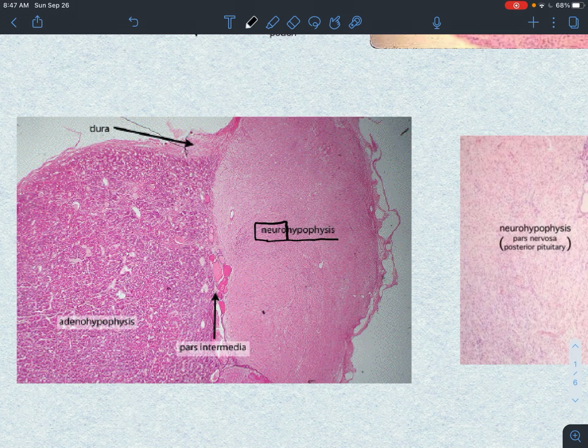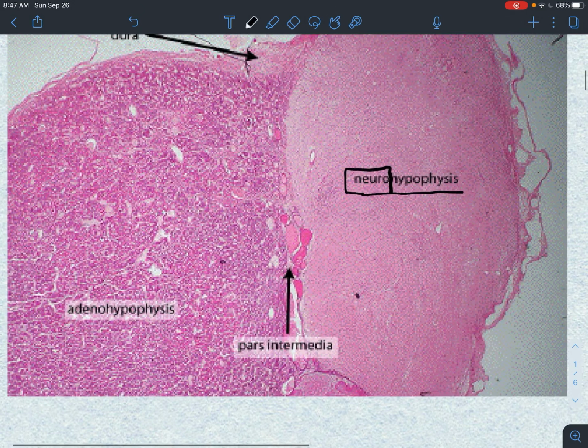And the anterior pituitary is also known as the adenohypophysis. So you've got these two side by side, and here in this picture you can really see how they are histologically different. You've got the neurohypophysis, which stains very light, and if you remember what the histology of the spinal cord looks like, it kind of reminds us of that nervous tissue that we've seen before.